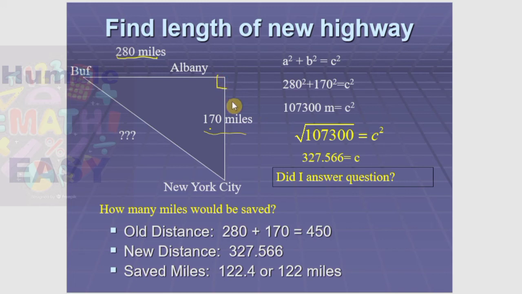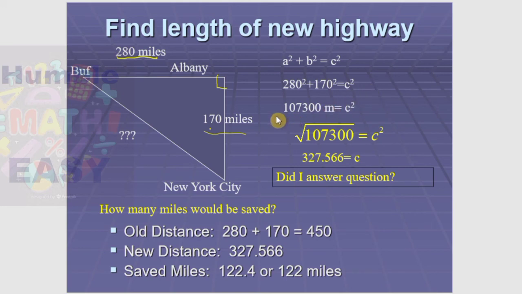Since we have two given sides, the unknown side is considered our right triangle's side opposite the right angle, which is the hypotenuse. So what is unknown here is the hypotenuse. We have the square of 280 plus the square of 170, and that is equal to c squared.